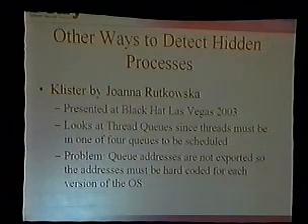There are other ways to detect it. Last year at Black Hat Vegas, Joanna Rutkowska gave a presentation about rootkits, and she had the FU rootkit in there, and she had a novel idea for how to detect it, and that was to look at all the thread queues on the system and determine if they point to a process that's hidden.